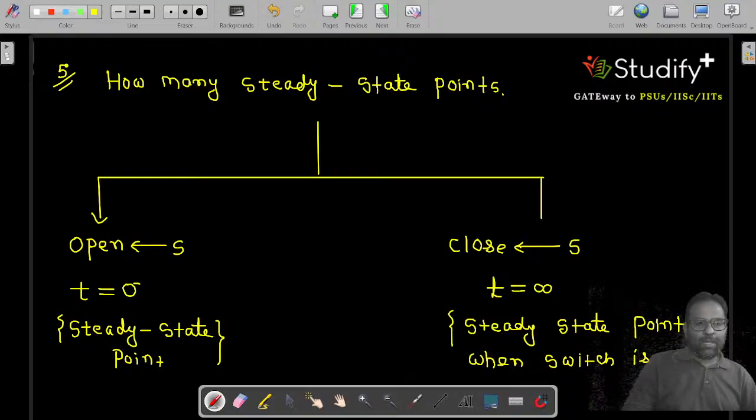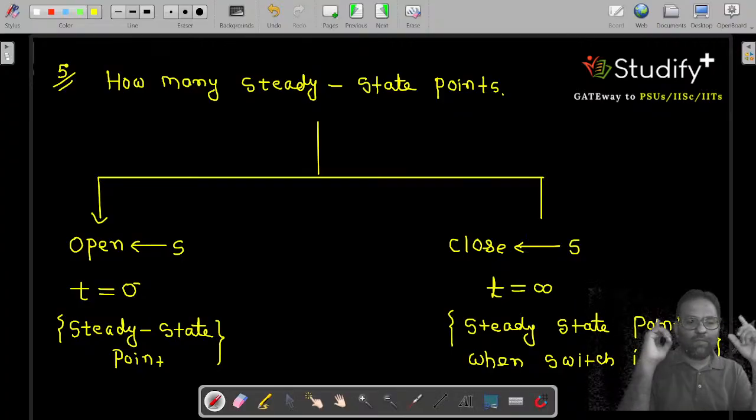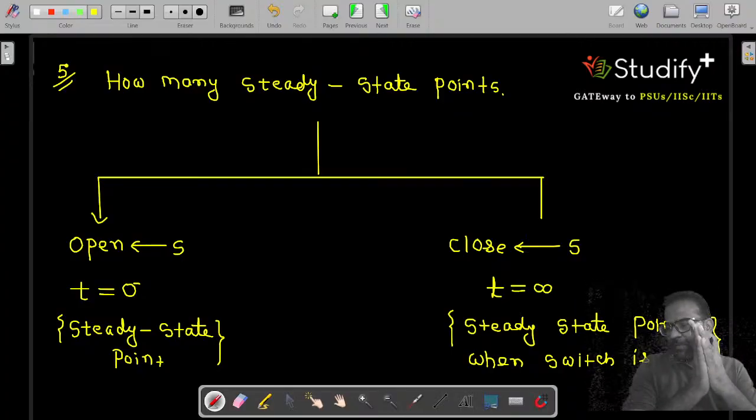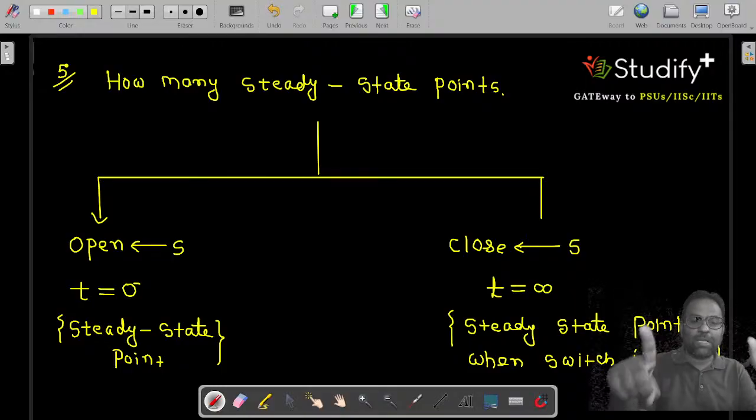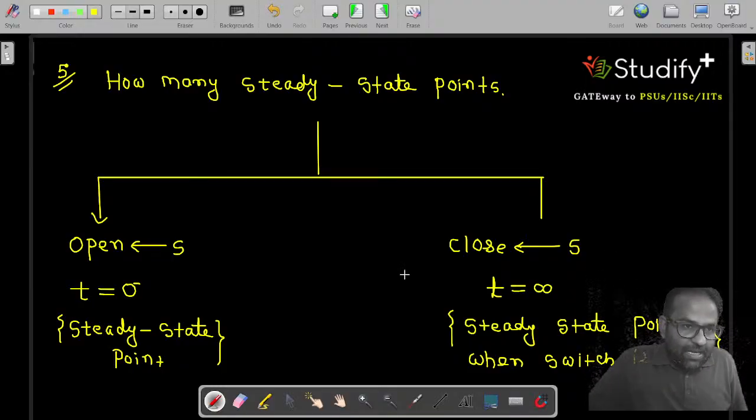So these are two very important conditions: how our inductor will behave at t0 minus or t equal to infinity. Always remember, whether it is t equal to 0 minus or t equal to infinity, both points are steady state points. And in between we are having two points.